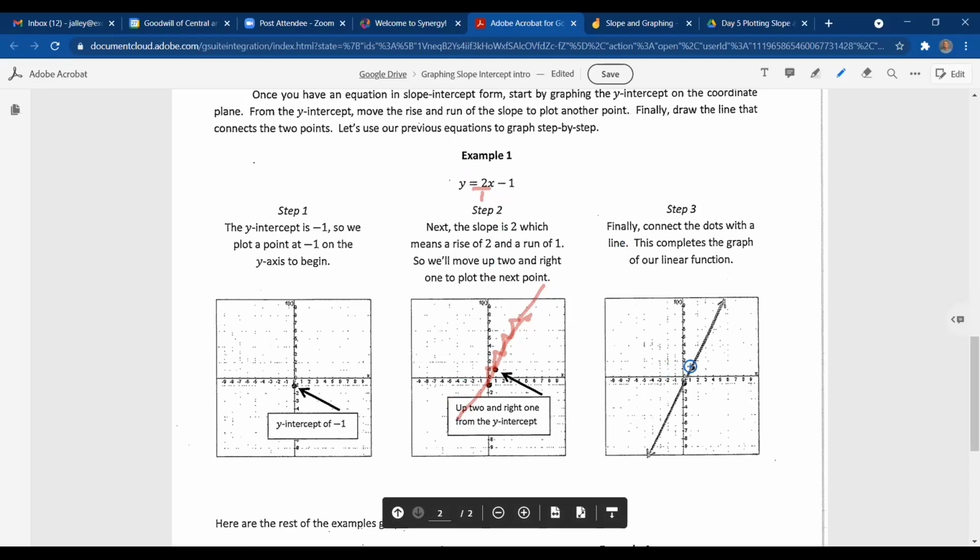And if you're not sure, once you got the line on here, up 2 over 1 should be on the line. Because remember, every point on the line is a solution to that equation. So we could take any 2 points, plug them in to the x and the y, and we're going to get a true statement.